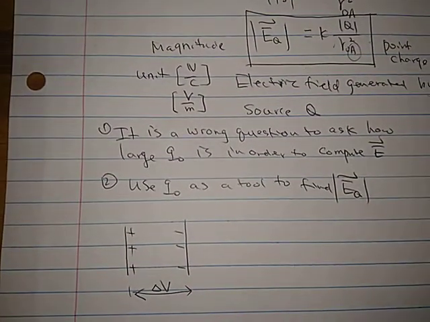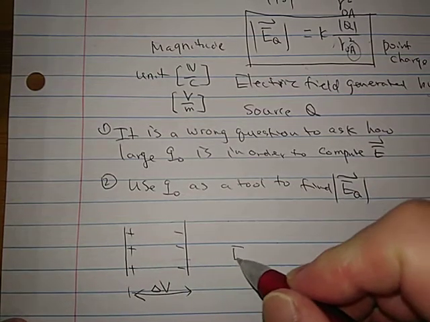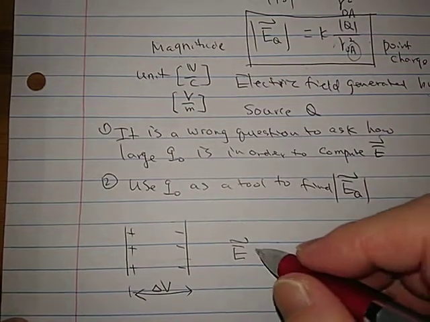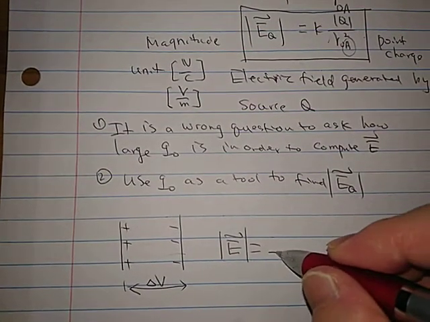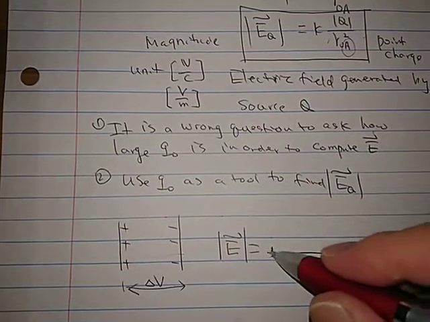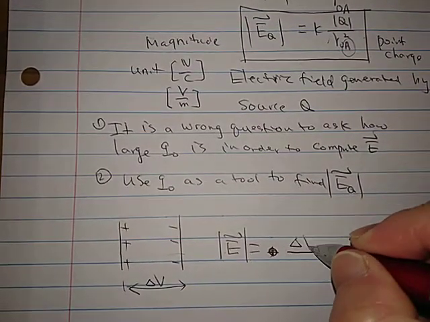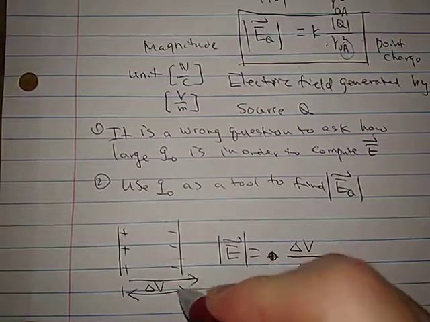We use the voltmeter. And then we know the distance. So the electric field this time, for the parallel plate, let's just put the magnitude here as well. It just equals, with a positive sign because it takes the absolute value, delta V over delta X. Suppose this is my positive x direction.